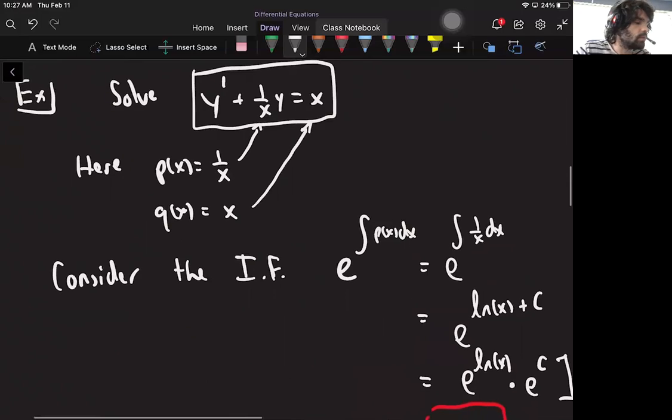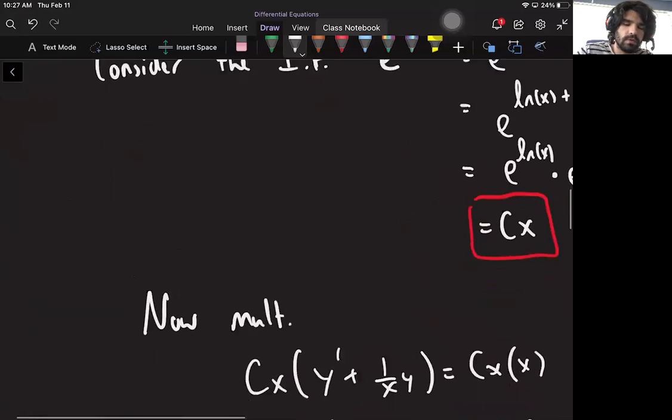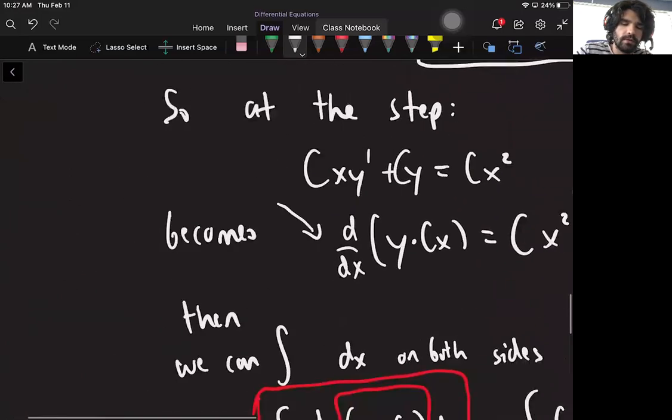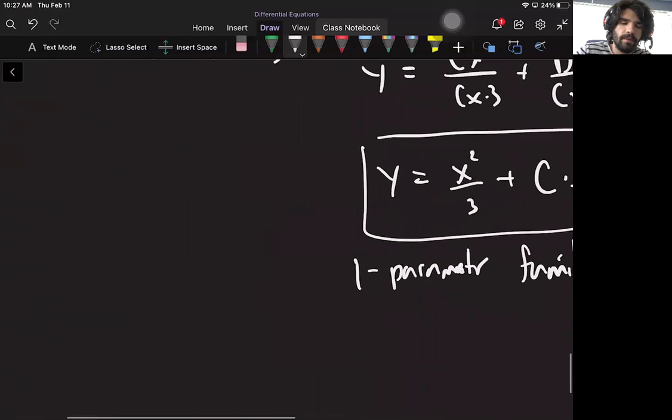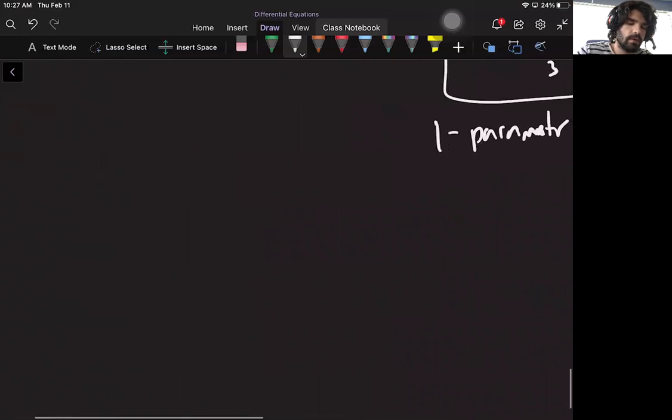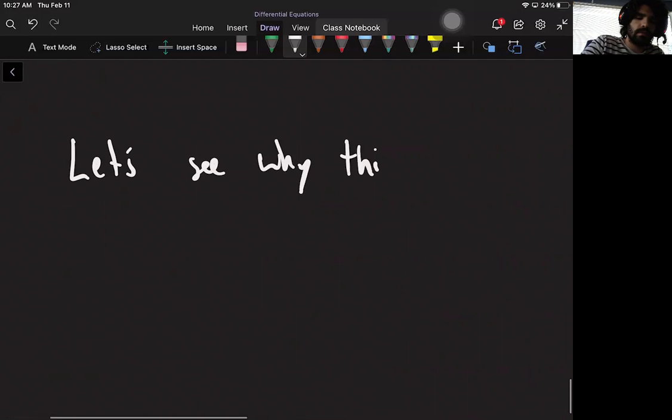But it will, and let's see why by thinking about why this will always work in the general case. So this was just one specific example of using this technique. Okay, so let's see why this always works.